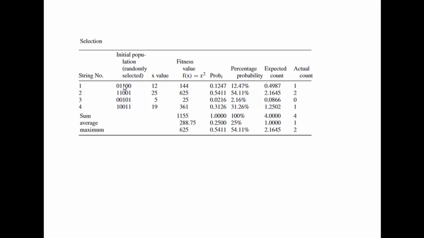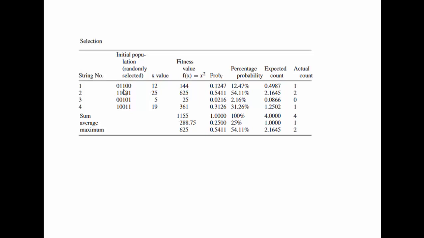Second step, we obtain the decoded x values for the initial population generated. We take the first string here and find its decoded value, and do the same for all the other strings. I'll show you how.